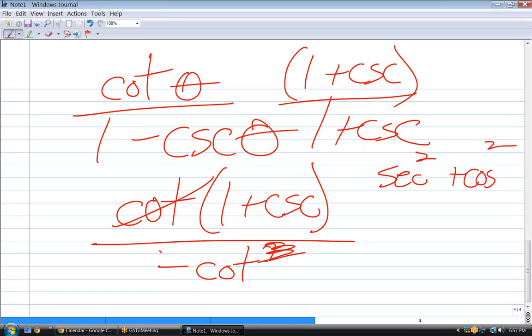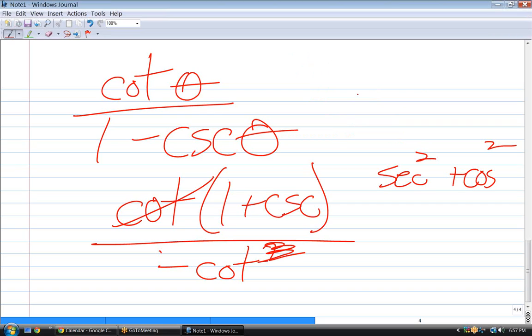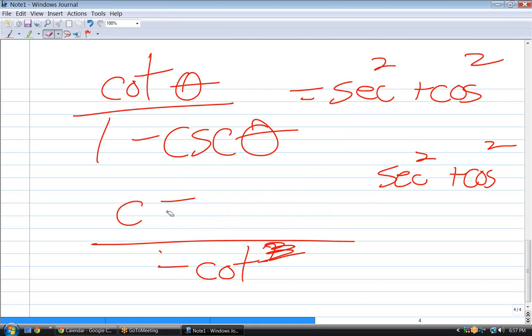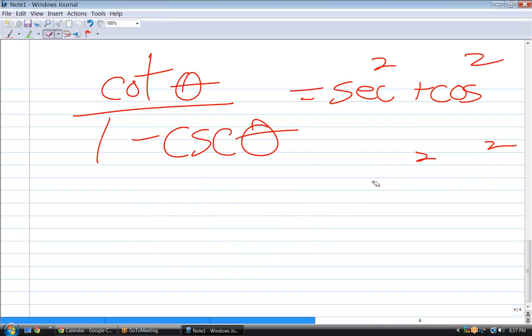I'm thinking here. So basically this is an identity. In other words, we're trying to prove the identity. Well, let's start there. Maybe it'll be easier if I'm looking at it like this. So, let's see. Well, I can turn that into sines and cosines. That's already in cosine. If I proceed with my original plan, which is to turn this all into sines and cosines, I should get to this.